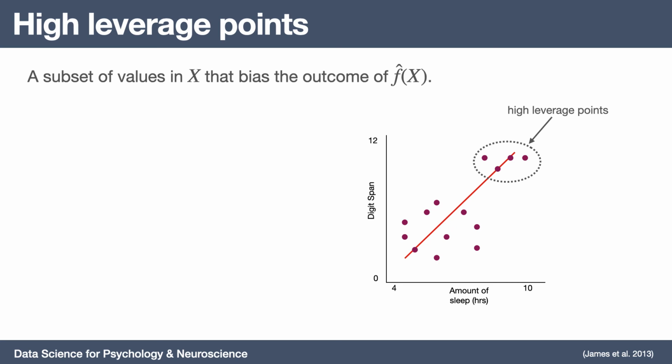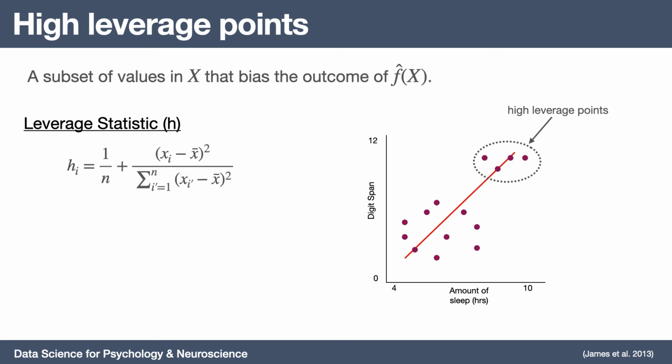Now you can monitor for high leverage points by calculating what's known as a leverage statistic, often summarized as the term H. A leverage statistic is 1 over n, the number of points you have, plus the difference between any observation in x and the mean, squared, over that same difference from all the other points that are not that value i.